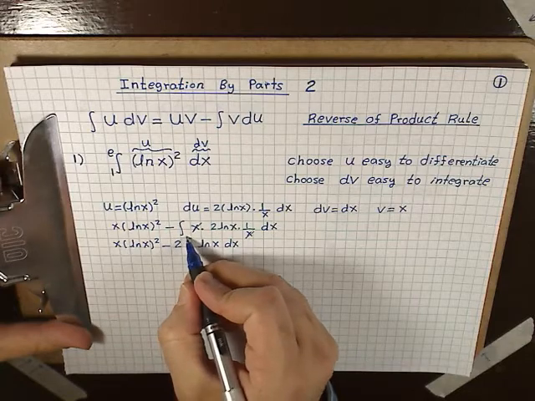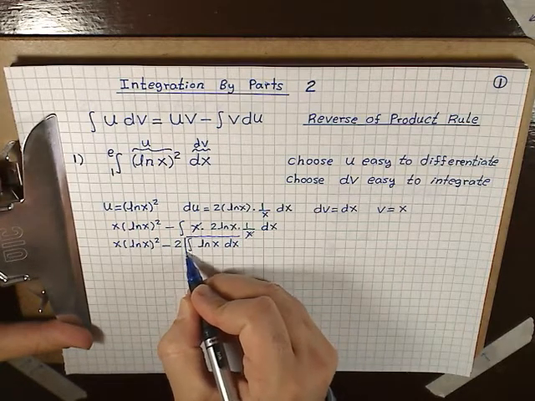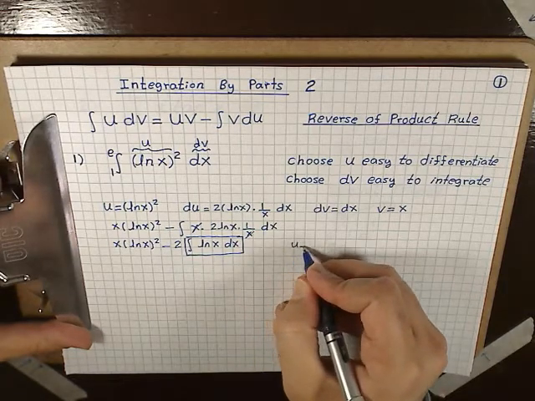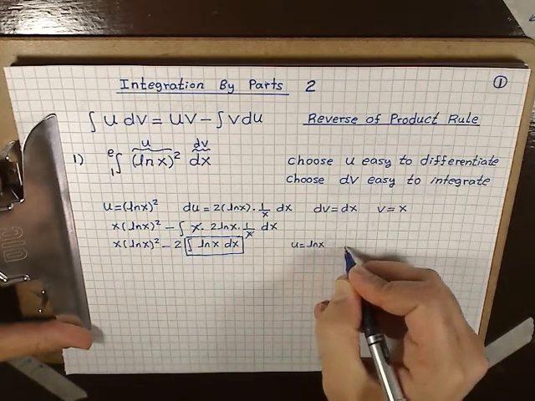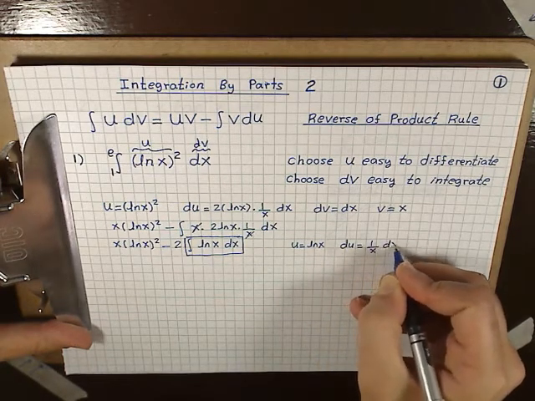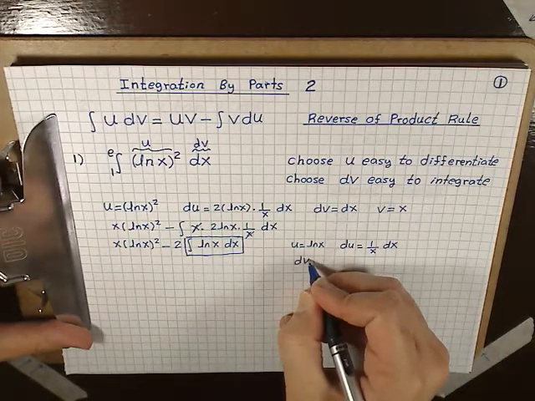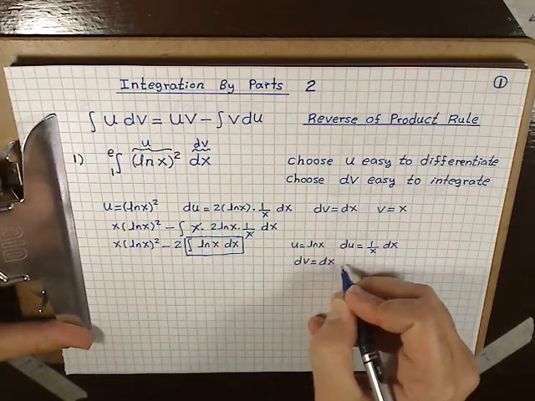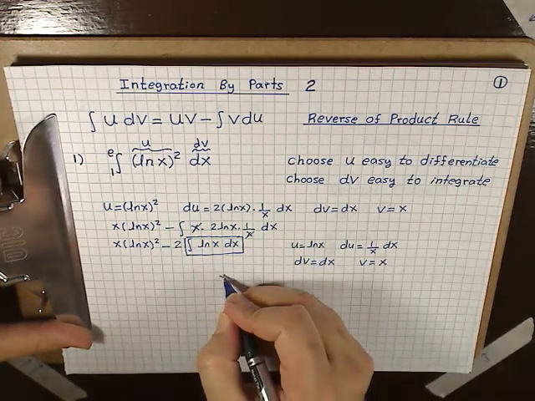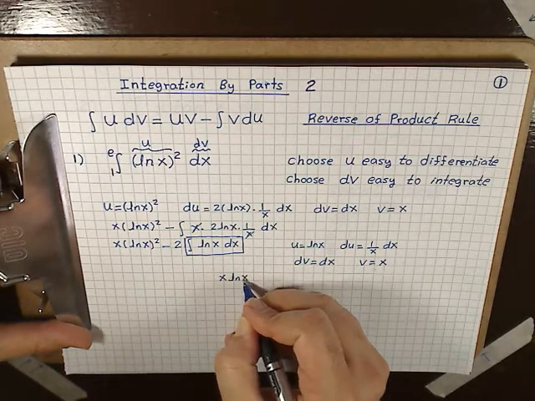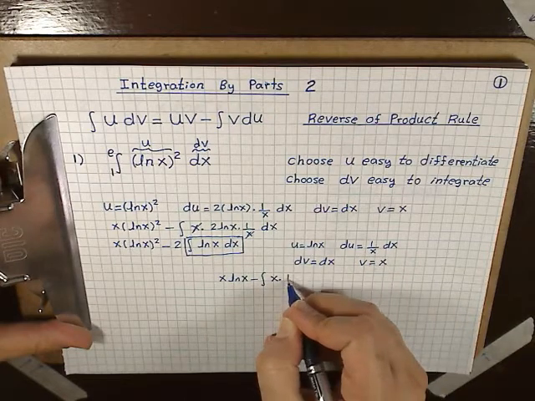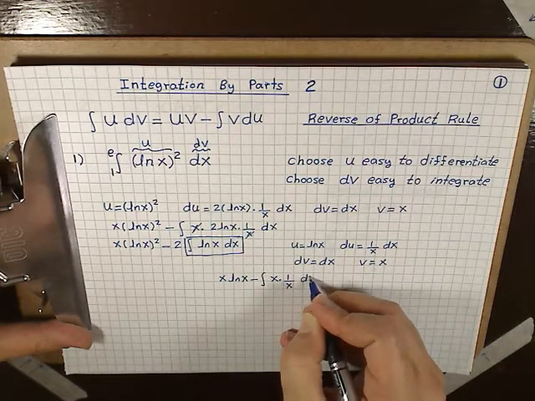Now this part is another integration by parts, so we have to reapply the formula. Let u be equal to ln x, du is equal to 1 over x dx. dv is equal to dx, v is equal to x. u times v, that's x ln x, minus the integral of v, that's x, times du, 1 over x dx.